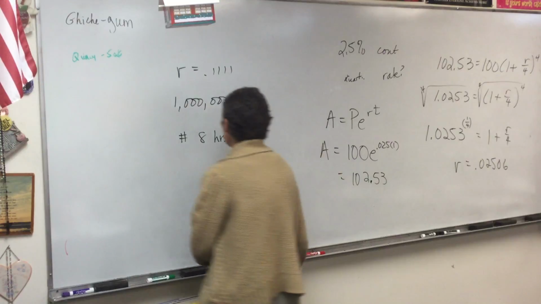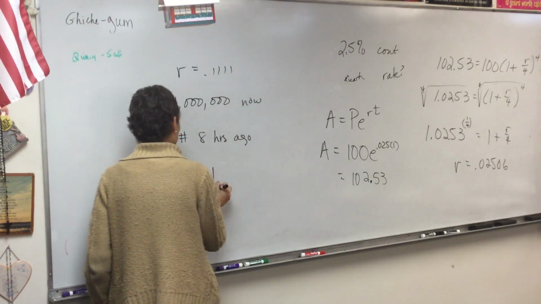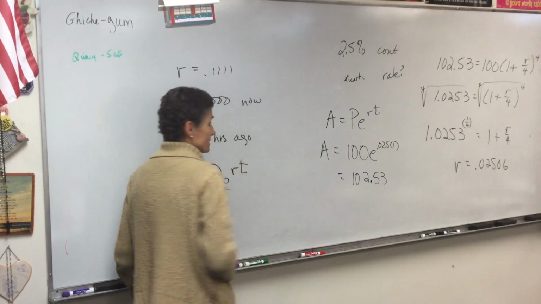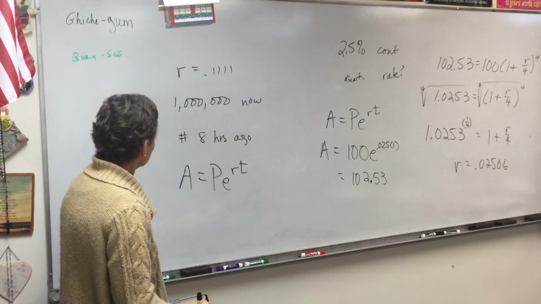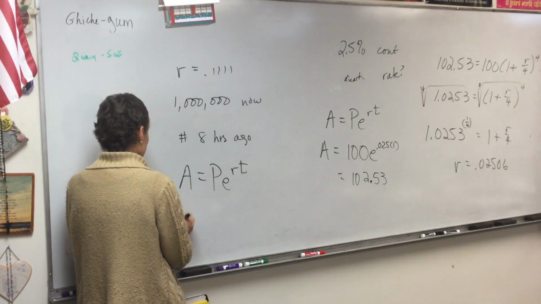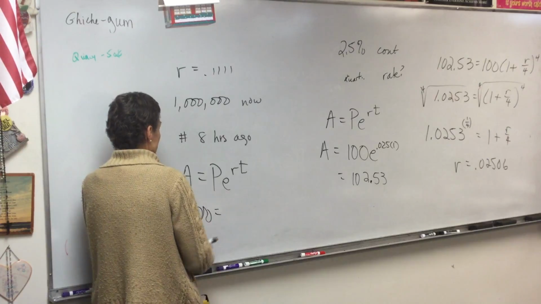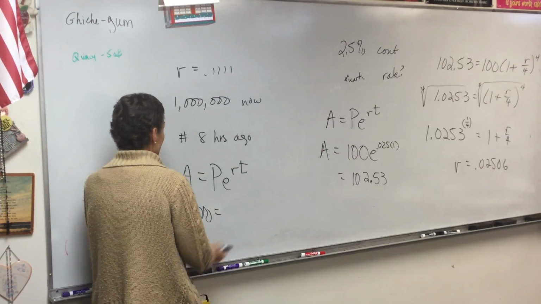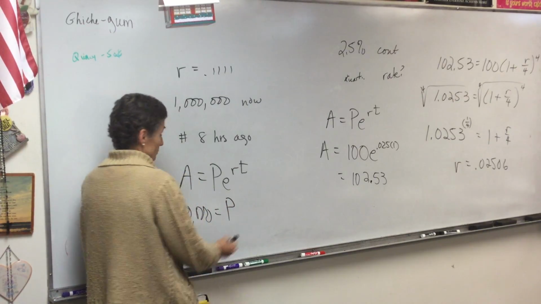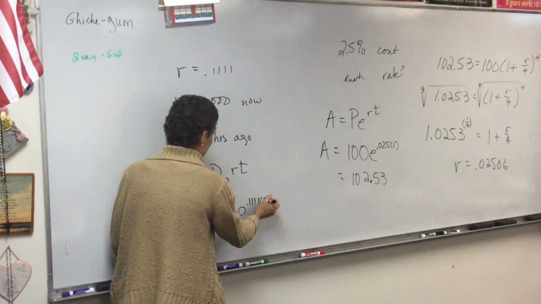What formula am I going to use for this bacteria problem? Pert? It's the only option you have, kids, if it's not money. So what goes where? 1 million is what I have right now. What's P? That's what I don't know. Interest rate 0.1111 times 8.